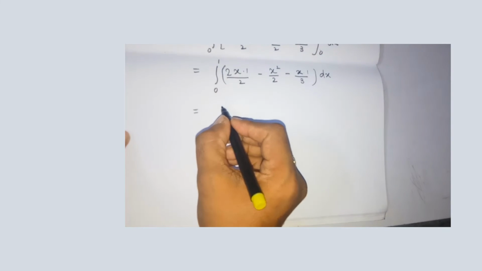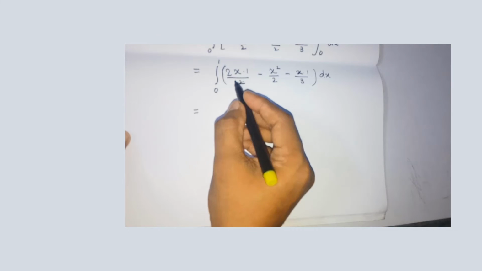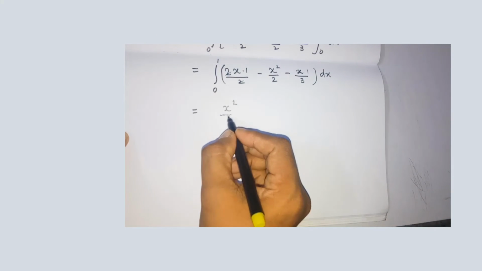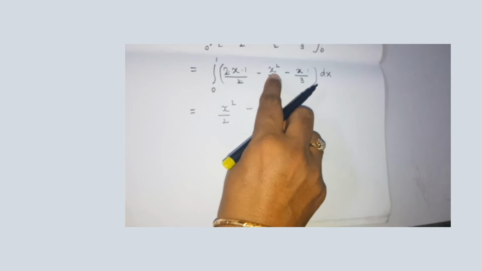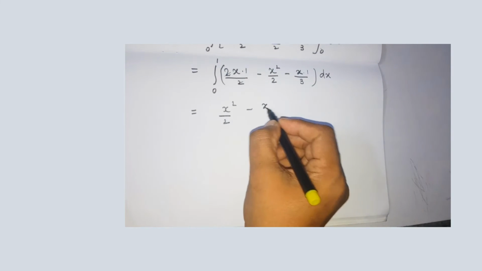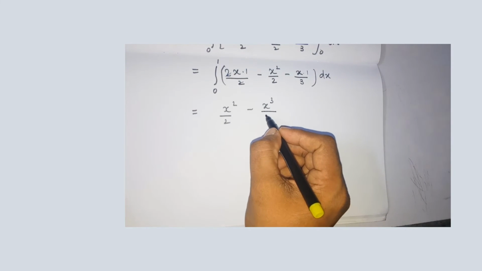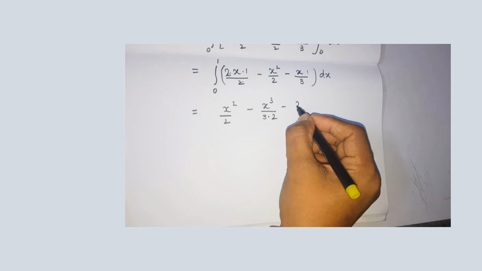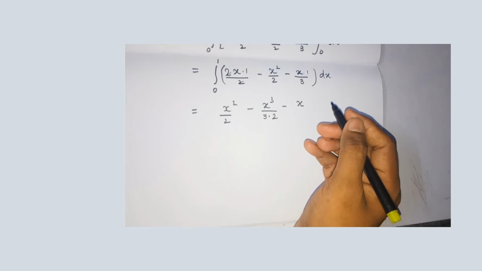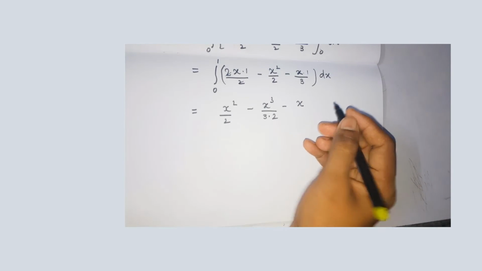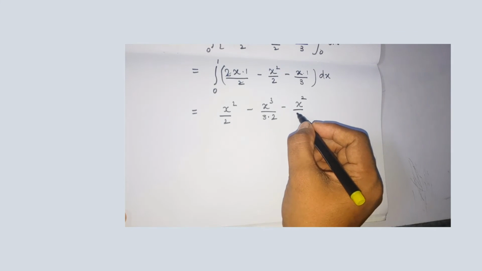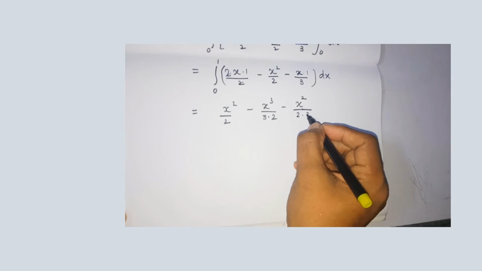So when I integrate it, I'll be getting this 2 and this 2 will get cancelled. Integration of x is x square by 2, minus integration of x square is x cube by 3, into our previous value 2 as it is, minus integration of x is x square by 2, and my 3 values as it is.